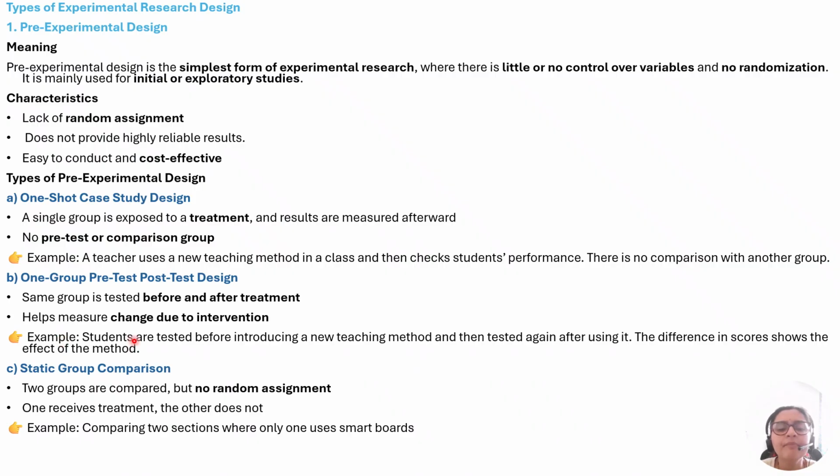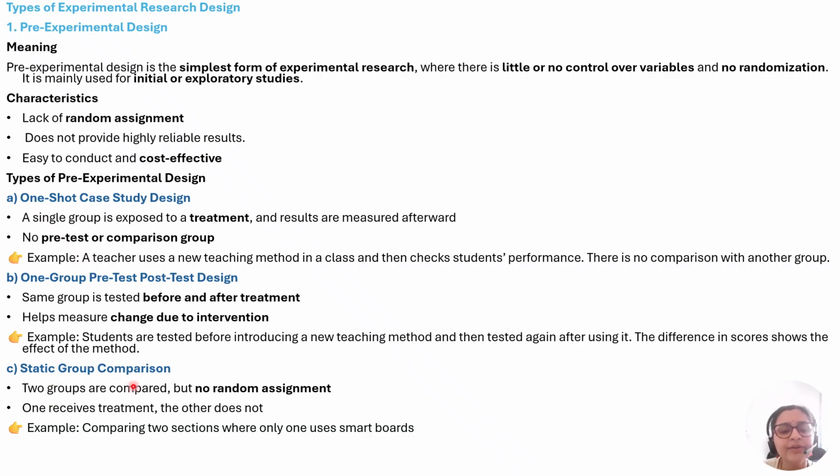It will help measure change due to intervention. A person can understand the difference before and after. Example, students are tested before introducing a new teaching method and then tested again after using it. So the difference in score will show the effect of the method. Difference before and after.